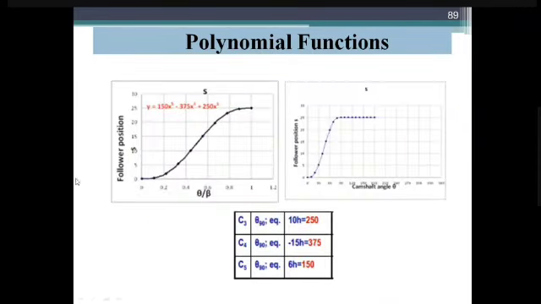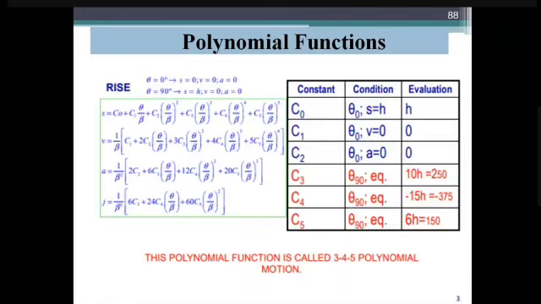Okay, draw the diagram. So 0, 2. What about the equation now? Y is equal to 250 x cubed, because 10H, with H as 25 mm, is 250. There is a C3, so x cubed. Minus 375 x to the power 4 because of C4, plus 150 x to the power 5 because of C5.